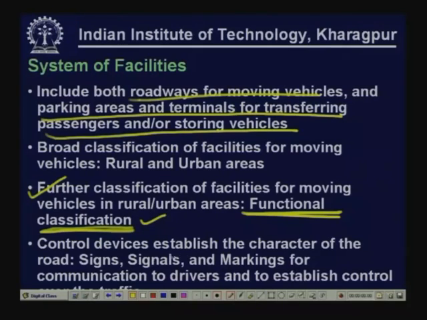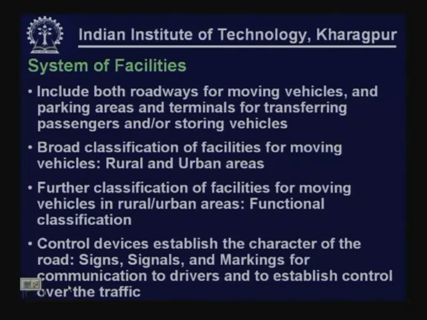Then we have control devices. These generally establish the character of the road. These control devices include traffic signs, traffic signals, road markings, and all these are essentially for communication to drivers and establish control over the traffic.